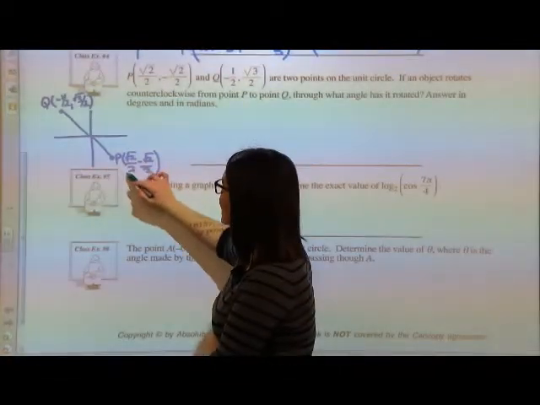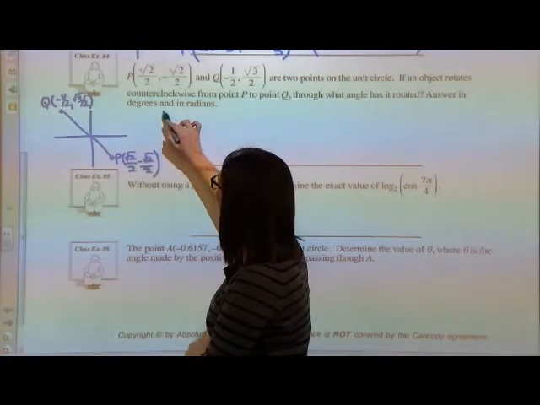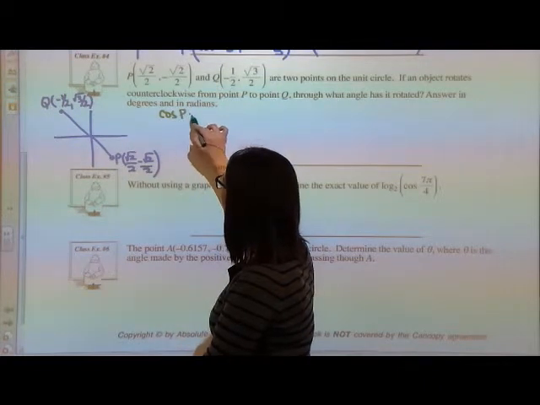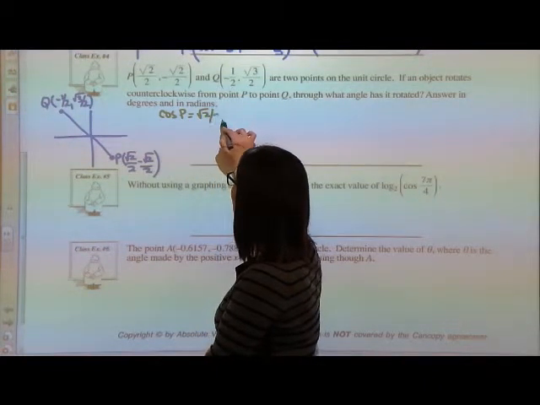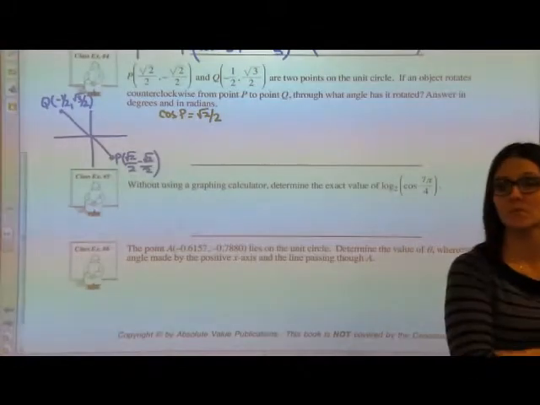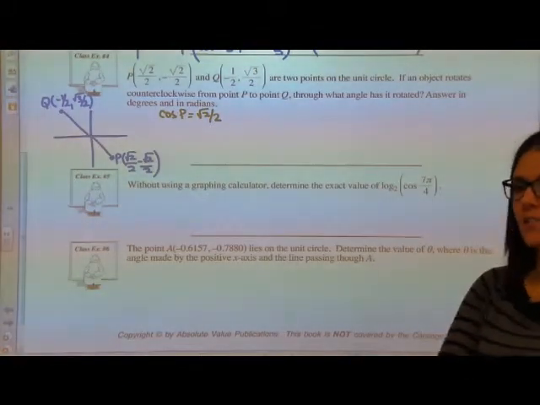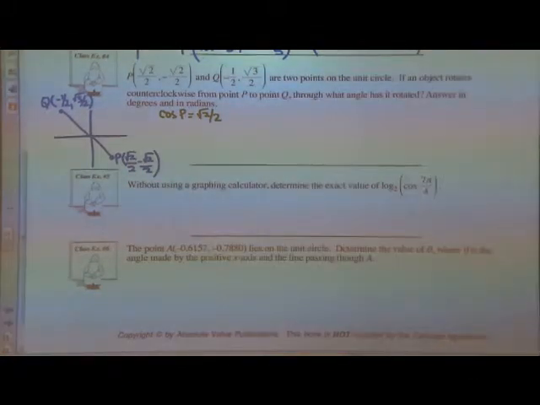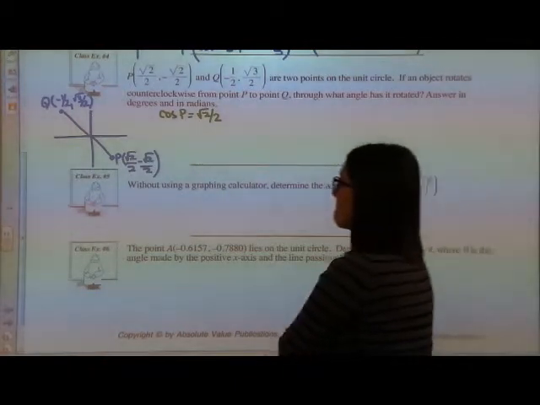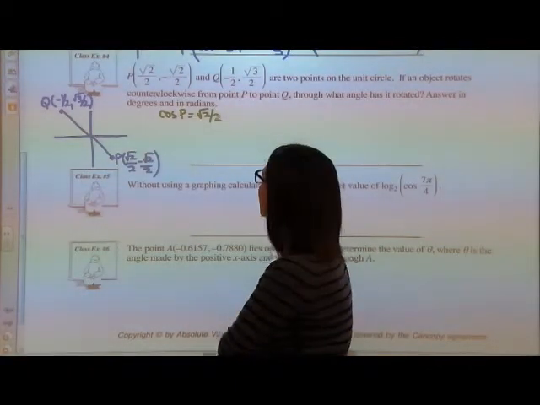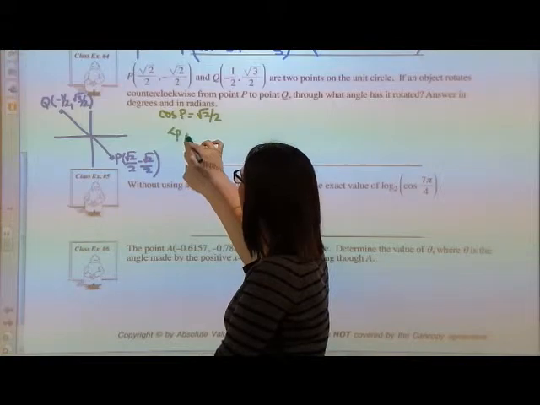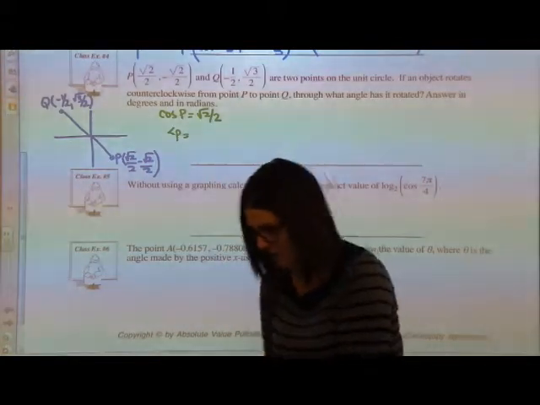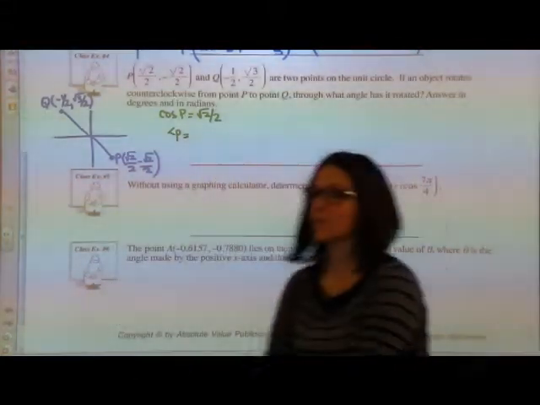So what this means is this point down here means that cos P is equal to root 2 over 2. So find out what the reference angle is going to be. And I find that by doing my cos inverse.